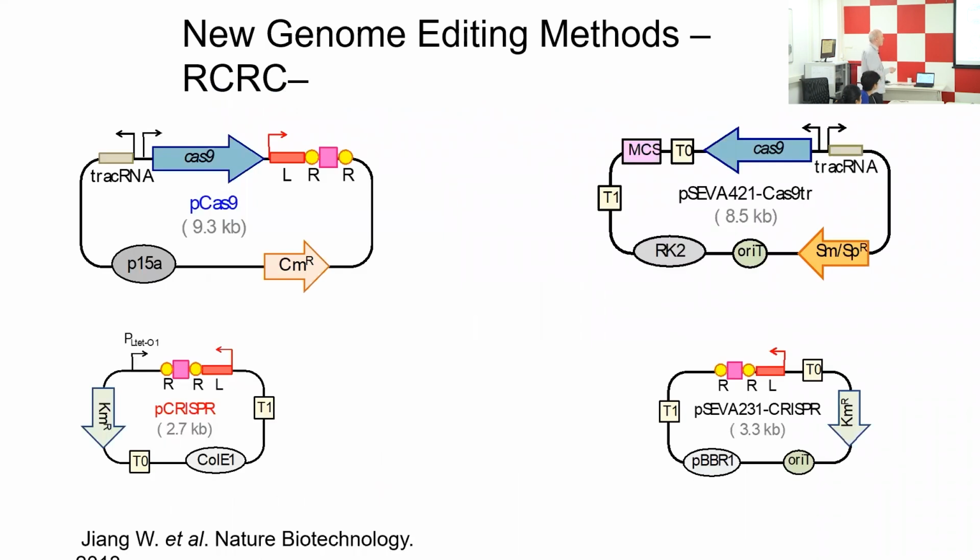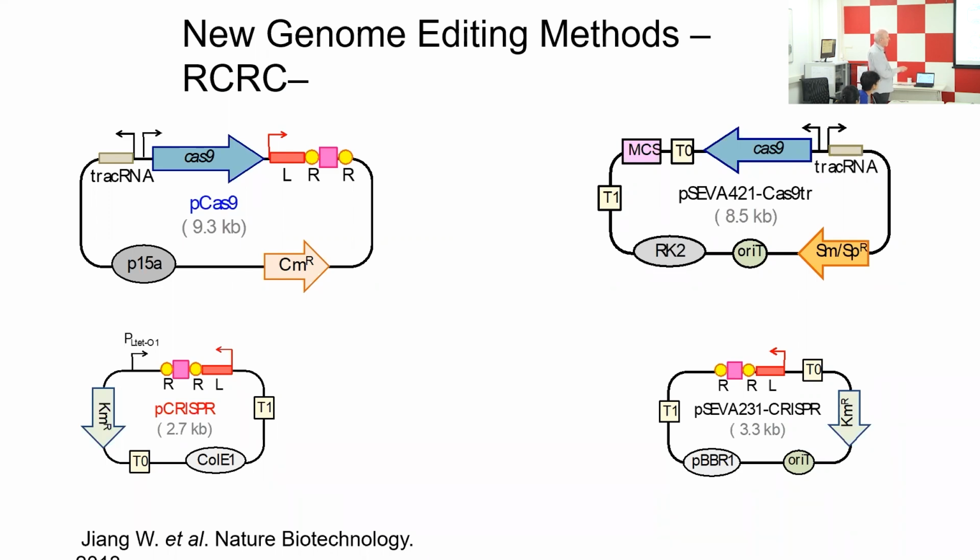Well, there are some details on some of the plasmids that people have been developing to use CRISPR precisely for this type of application. You have one of them, for instance, where you have Cas9 being expressed together with the tracr RNA and with some places where you can clone different segments for production of the RNA that will interact with this other RNA with Cas9, and then it will act as a nuclease.